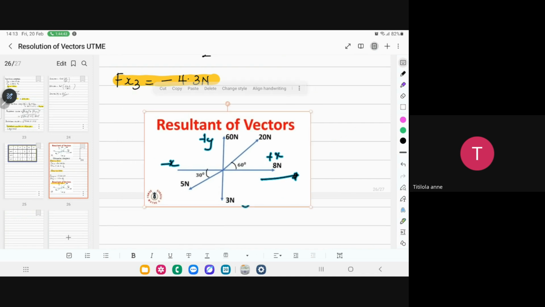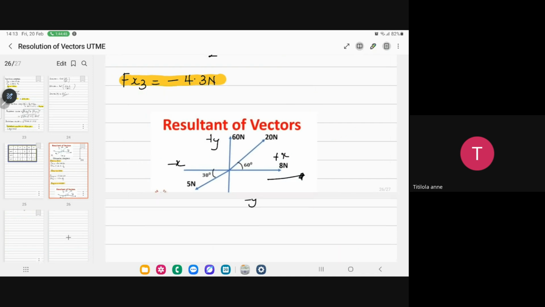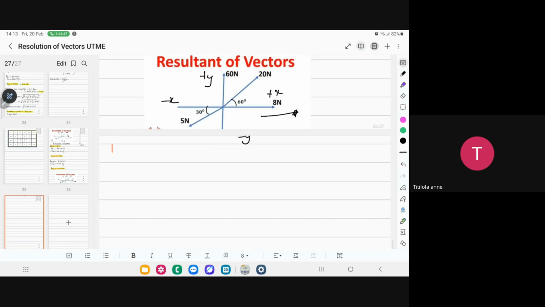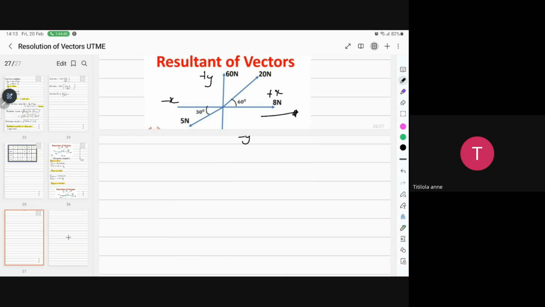All right, I think with this we are good to go. So let's do the vertical components, but before the vertical component, let's get the total.